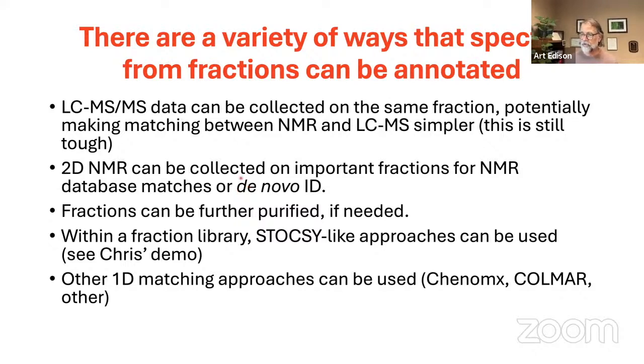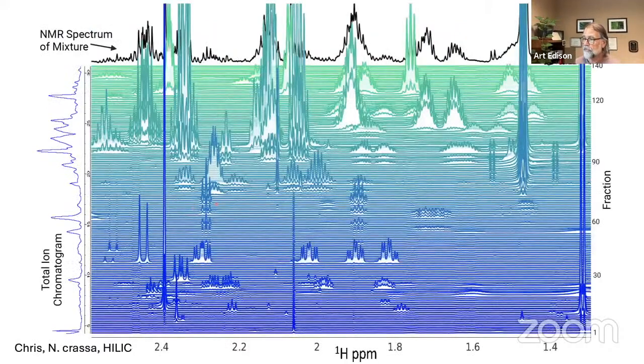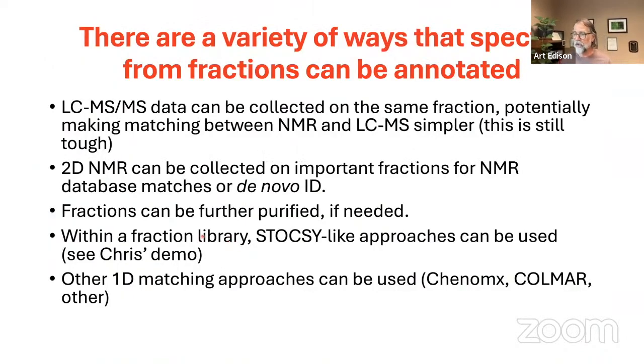Using the 2D approaches that have been really perfected by natural products chemists, you can come up with de novo ID, or you can match databases if compounds are in databases like COLMAR. Fractions can be further purified. These are definitely not pure fractions. They're mixtures, but if we're interested in pursuing one particular fraction of interest, we can purify it further and actually isolate peaks.